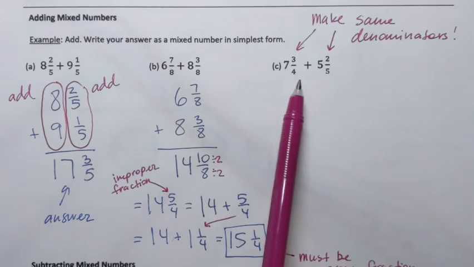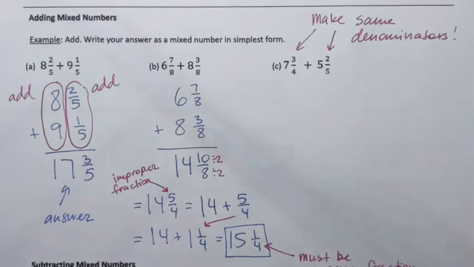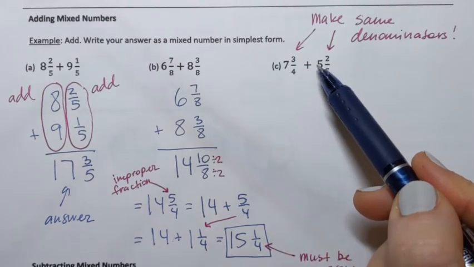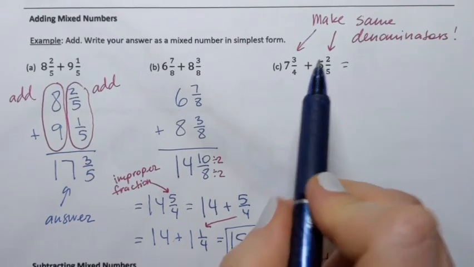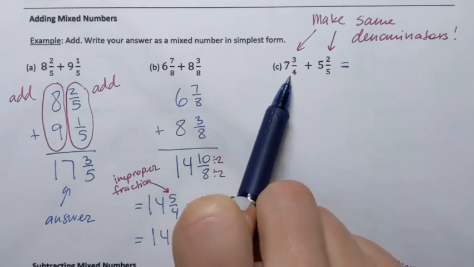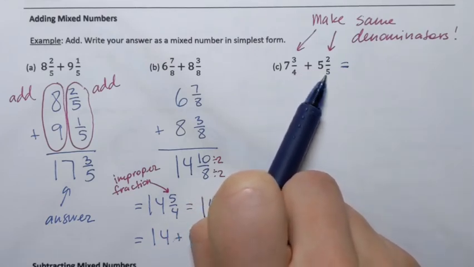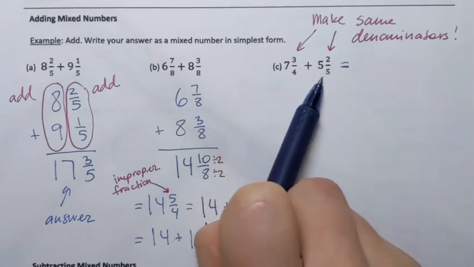And we do it the same way as we always do it for fractions. If I have 3 over 4 and 2 over 5, then what will be the LCD, the least common denominator? Well, it should be 20, right? 20 is the smallest number that I can divide by 4 and 5.